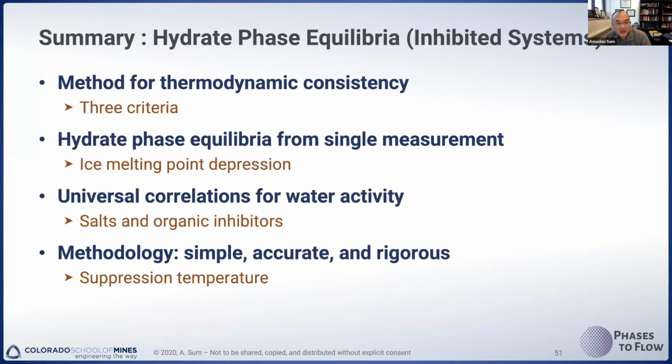And so, in summary, I think we have developed a very simple way of looking at the hydrate thermodynamics for hydrates that doesn't involve anything really complicated with very fancy activity models in order to determine how they impact the chemical potential of water in the hydrate and the fluid phase.